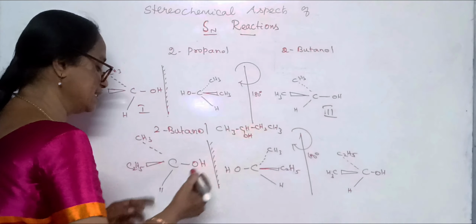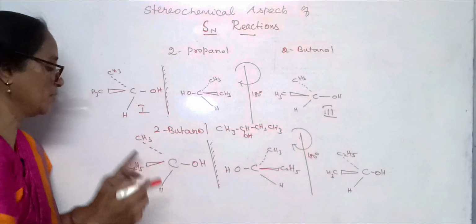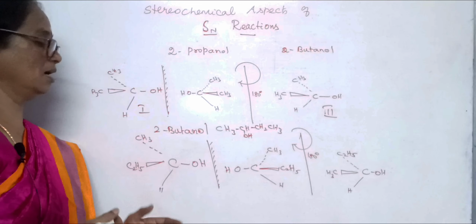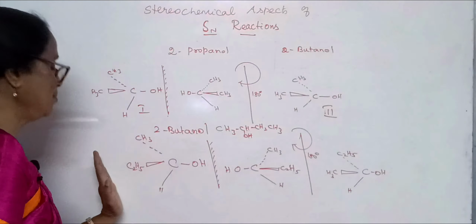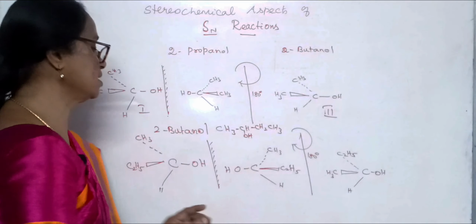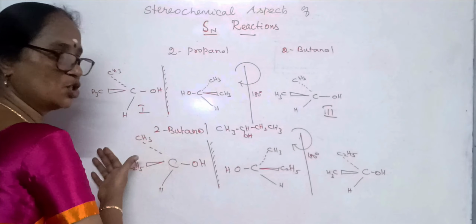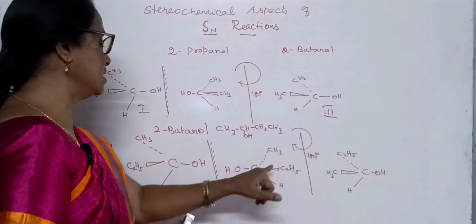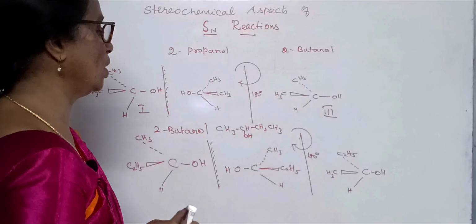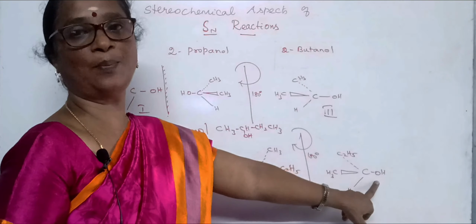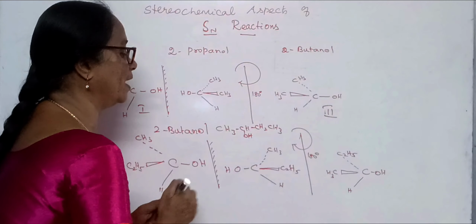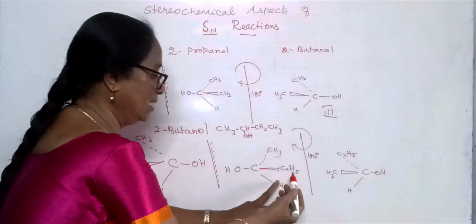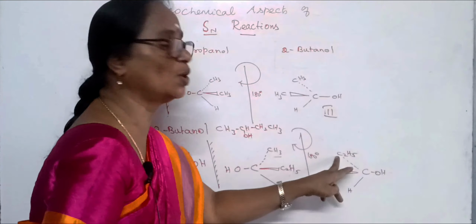Now let us take that asymmetric carbon with 4 different valencies. This methyl group is just behind the plane and this ethyl group is just above the plane. Now when a mirror is placed over here, I get the image of this one, and we find they are once again non-superimposable. After a rotation of 180 degrees, the group which is just above the plane goes below, and the group which is below the plane goes above. So this CH3 which was behind the plane is now above the plane, and the ethyl group that was above the plane goes behind the plane.